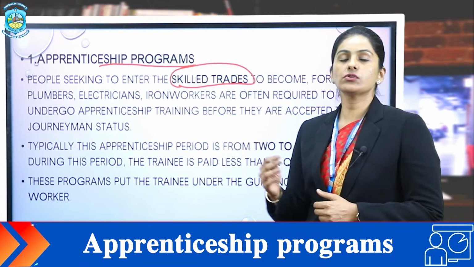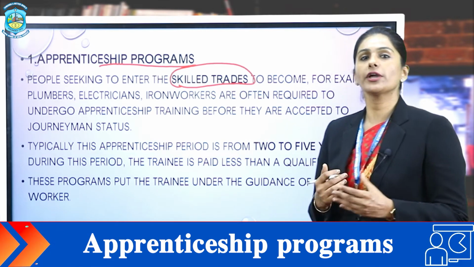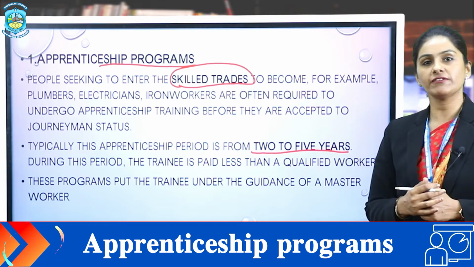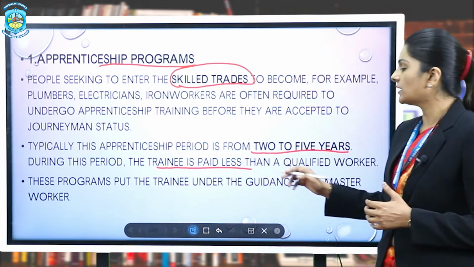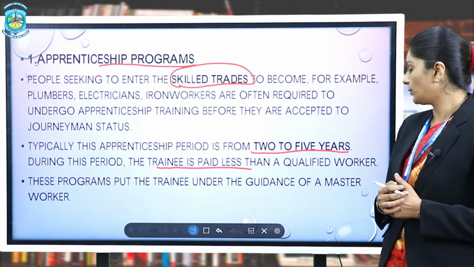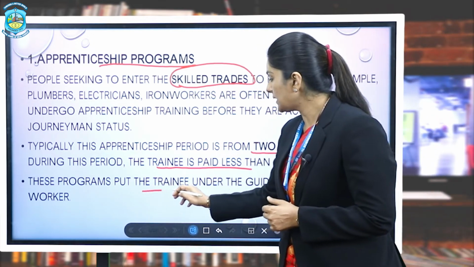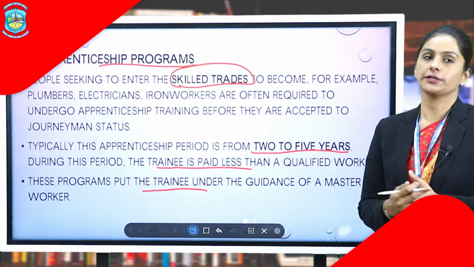The period of apprenticeship training usually runs from 2 to a maximum of 5 years. In this period, the trainee is paid less than the qualified worker in the organization, and these programs basically put the trainee under the guidance of a mentor worker.